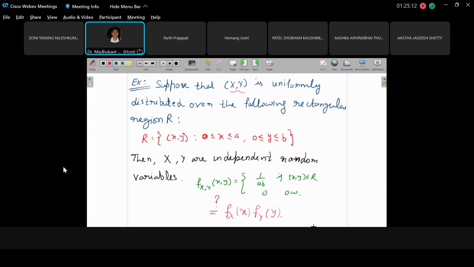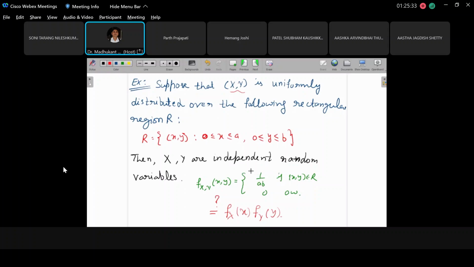Yes, sir, in this case. In this case it is very straightforward, because it is 1 upon a into 1 upon b. Obviously a and b are non-zero; we are not talking about a point, we are talking about a rectangle.